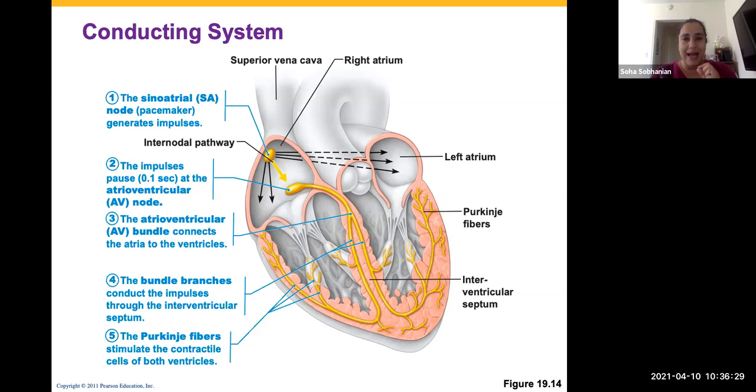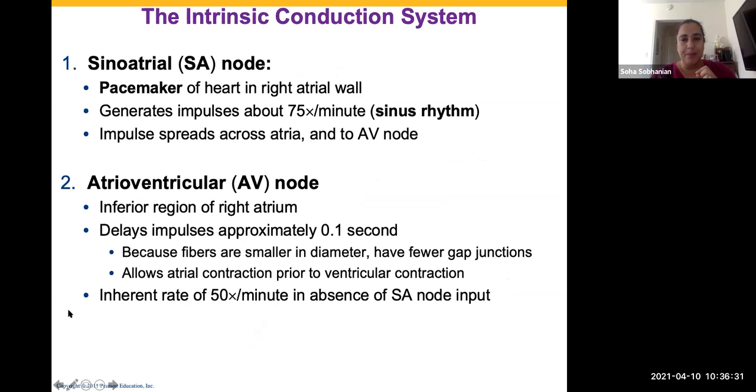Please do note that if there is an absence of the SA node, for some reason, let's say a heart attack, electrical shock, damage to the heart, drug intake, whatever the reason, if the SA node is unavailable and not doing what it's supposed to do, then the AV node is going to take over.